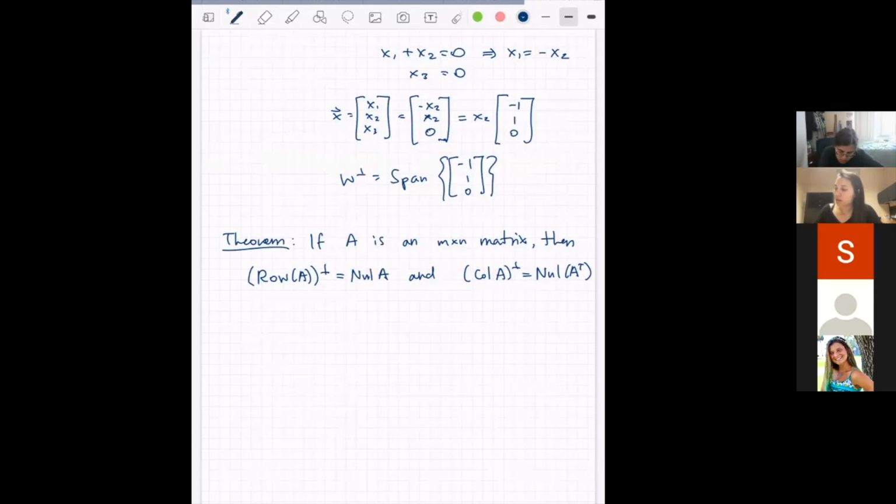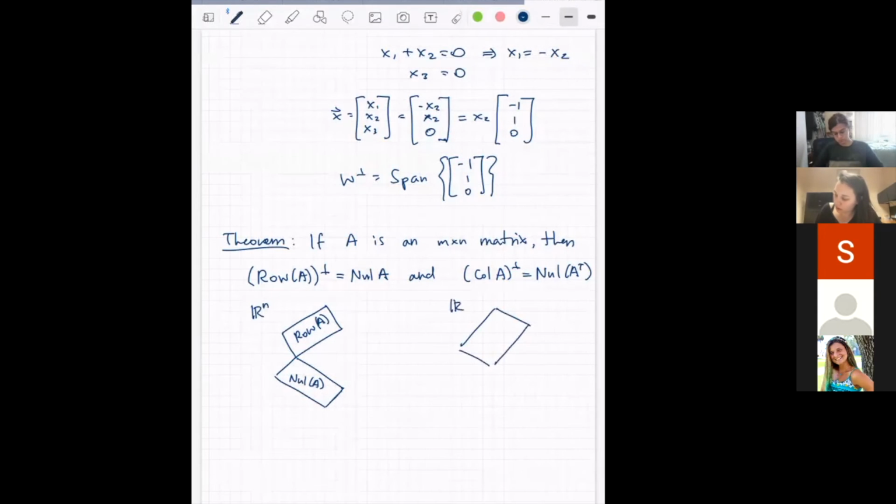So we had this picture a while back when we talked about the row space. We had the row space of A and the null space of A. These are in the same space, so this would be Rn if we have an m by n matrix. And then on the other side, in Rm, the column space of A and the null space of A transpose.